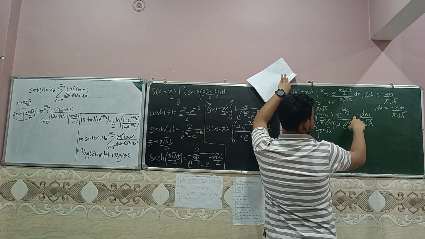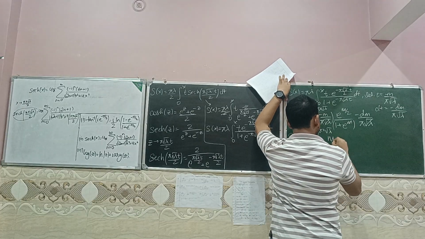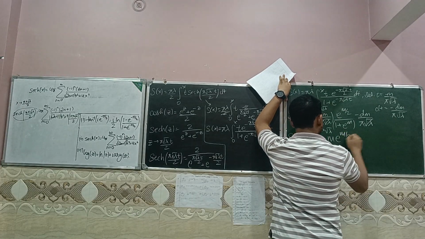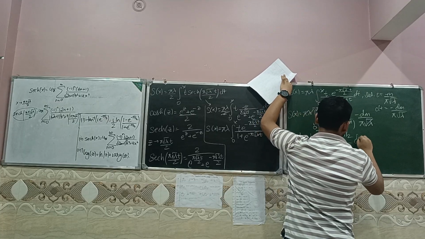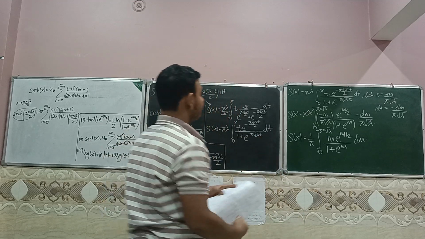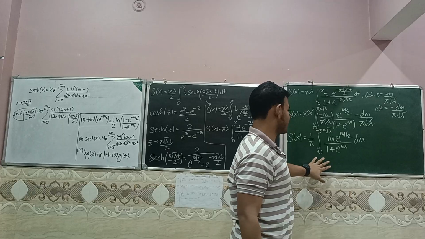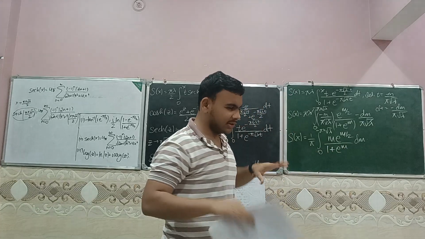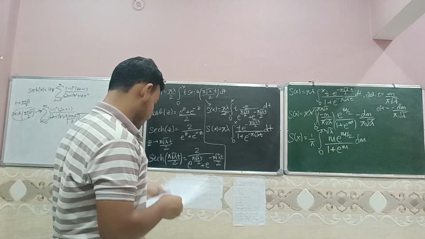And this minus and this minus, minus times minus is positive, so we are having m times e to the m over 2 over 1 plus e to the m dm, right? Okay, so from this ridiculous looking integral, we have converted this into a quite relaxing looking integral, right? And our next journey begins.